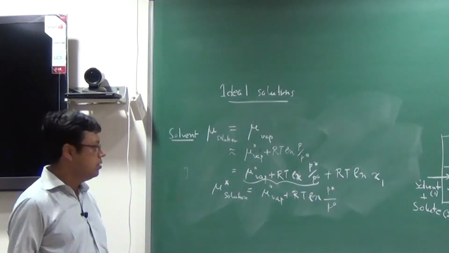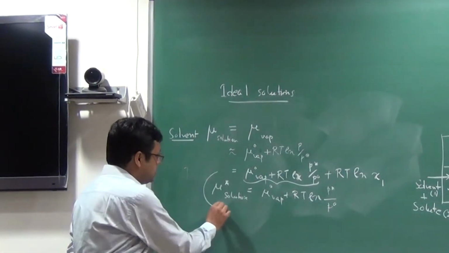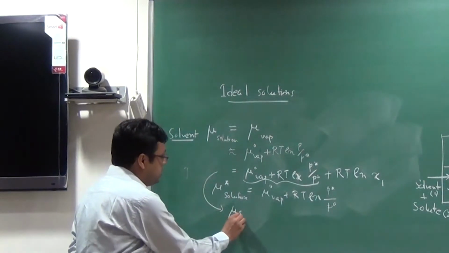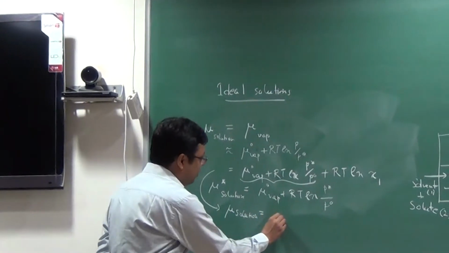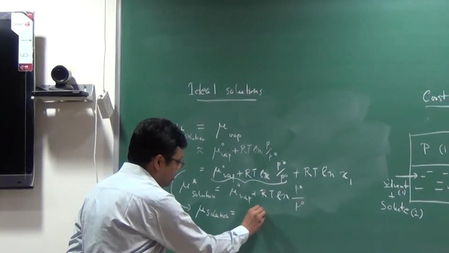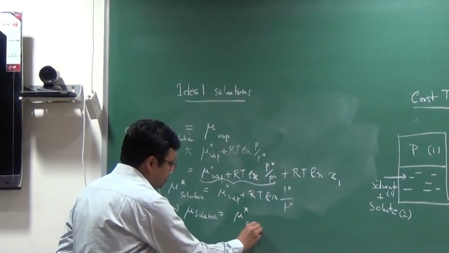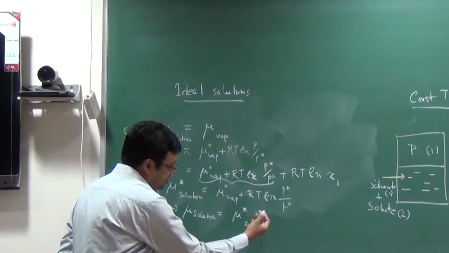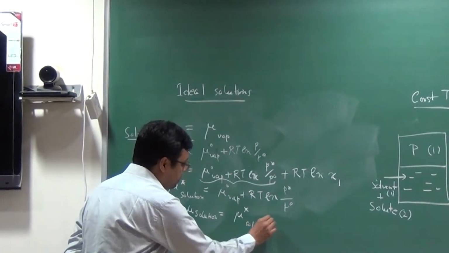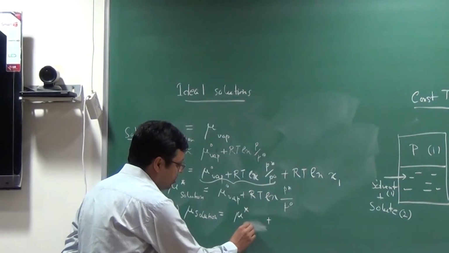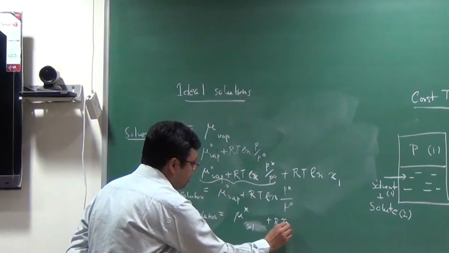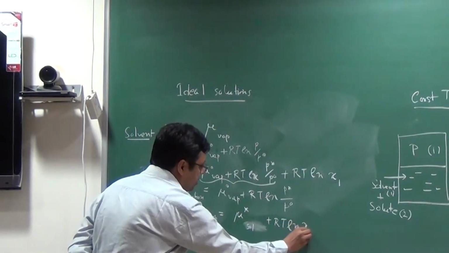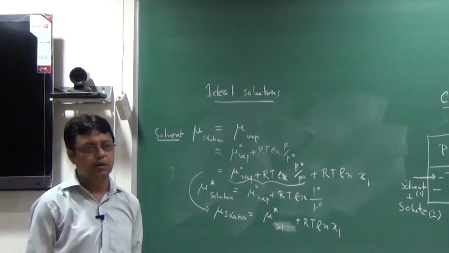Clear? So I can always replace this. So mu solution in general will be equal to mu star. Mu star means actually it's always pure solvent, I should not write it as solution, plus RT ln x1. Clear?